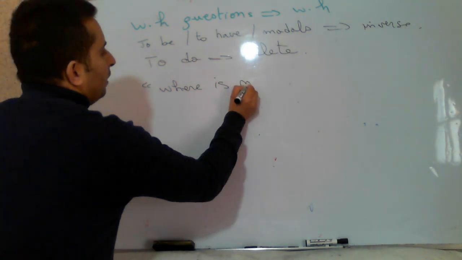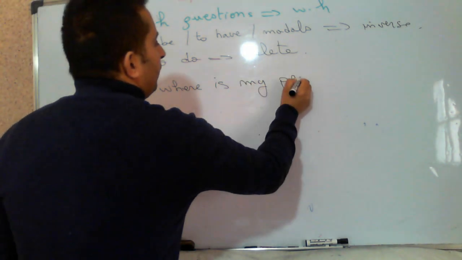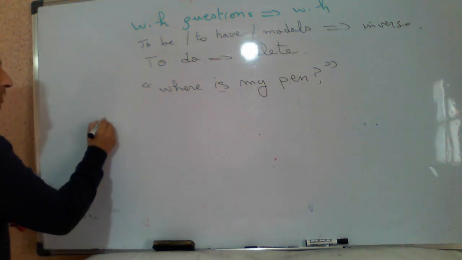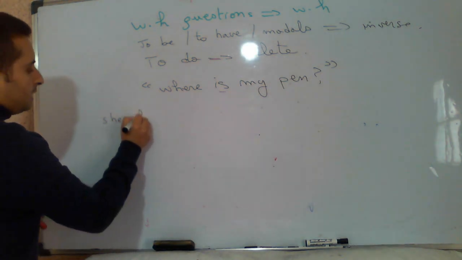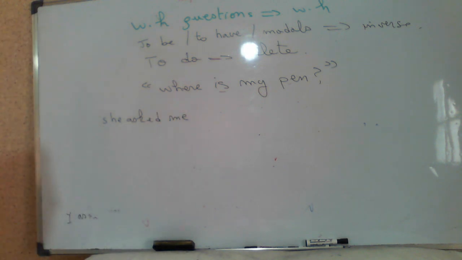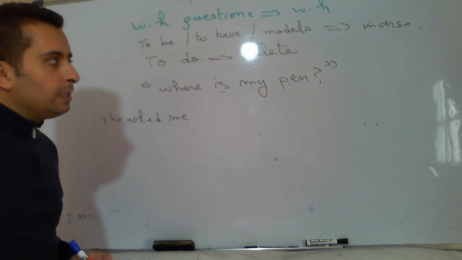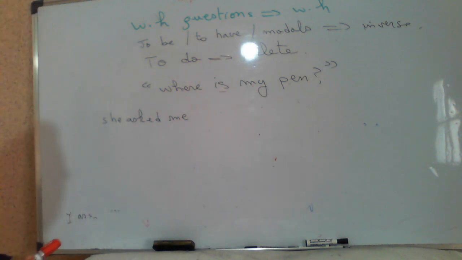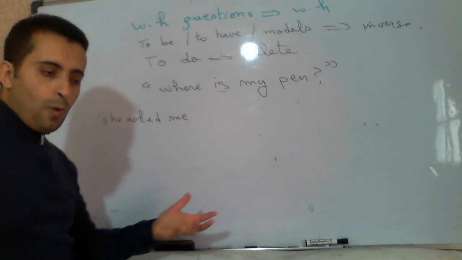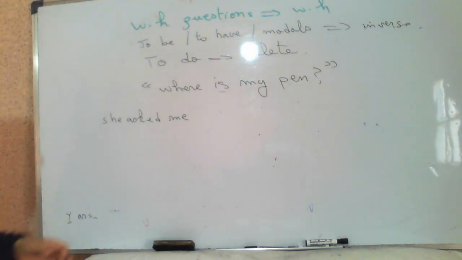Where is my pen? Here we have verb to be. She asks me. Okay, so here we don't use if because we have a WH question. What does it mean, WH question? It means what, where, when, who.